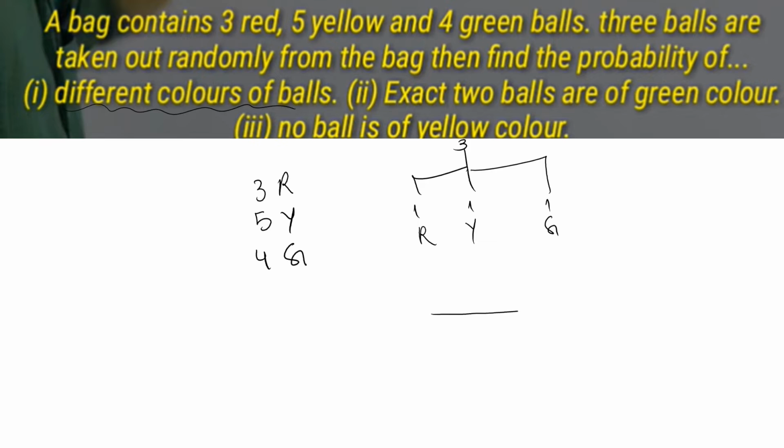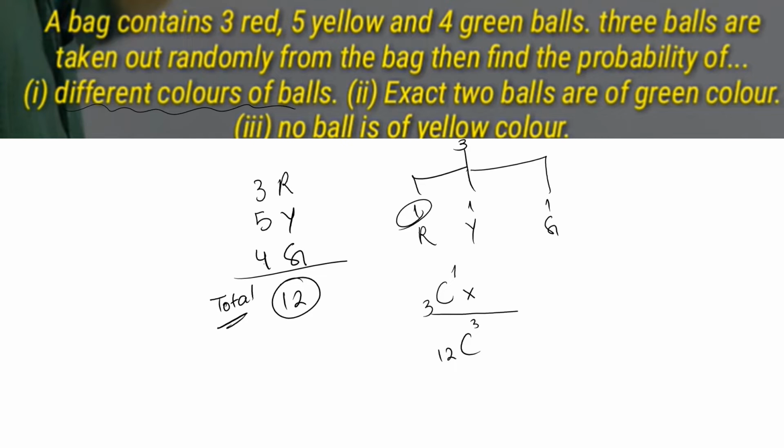So what is the probability of choosing balls which are of different colors? What is the total? You have the total number of balls, 5, 9, 10, 11, 12, so 12 balls in total. So 12C3, you are choosing 3 balls, so that all are of different colors. You should select one red ball out of how many red balls? 3 red balls. Is the action completed?